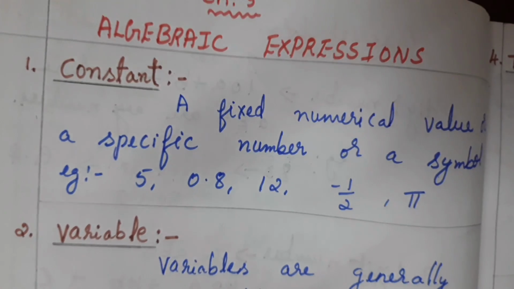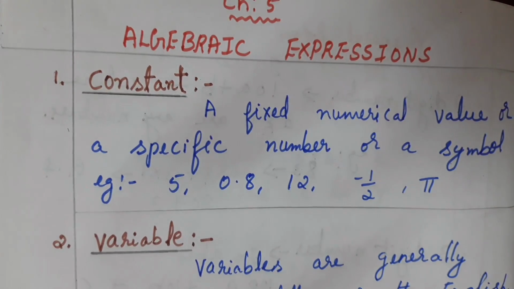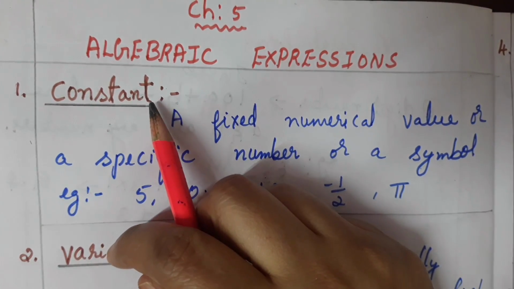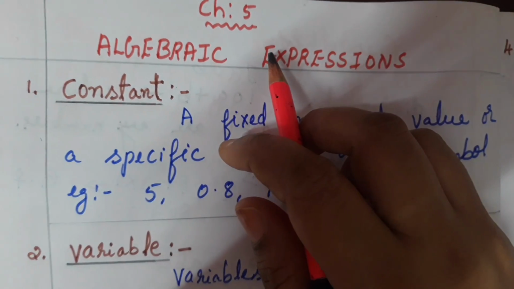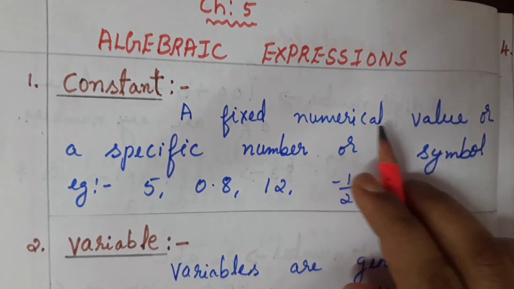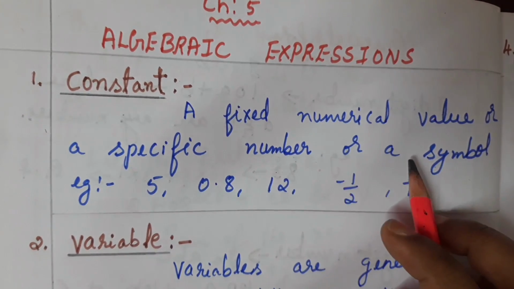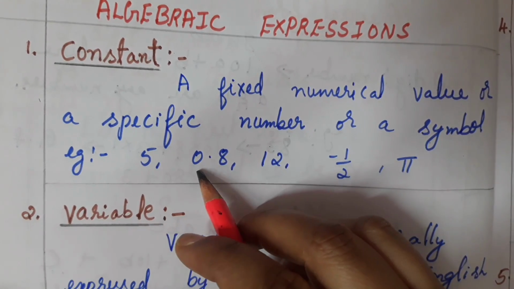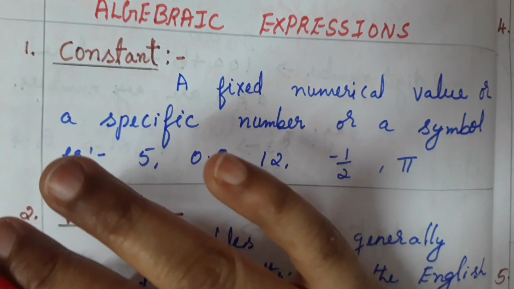In the previous class you studied about constant, variable and algebraical expression. Let's recall that. Constant means a number. Algebraical expression means numbers and letters or alphabets. A constant is a fixed numerical value or specific number. Natural numbers, whole numbers, decimals, negative numbers are constants.